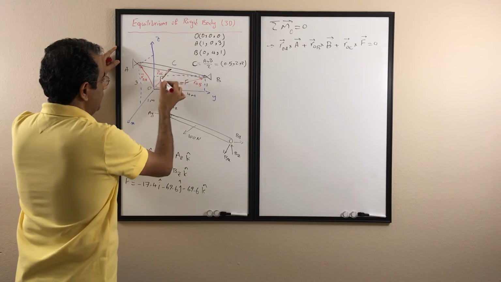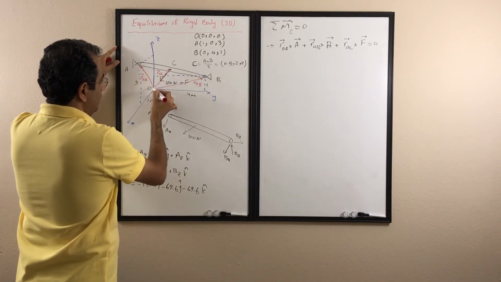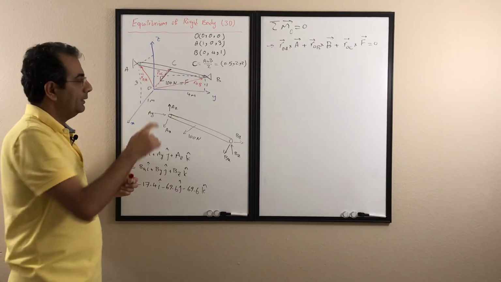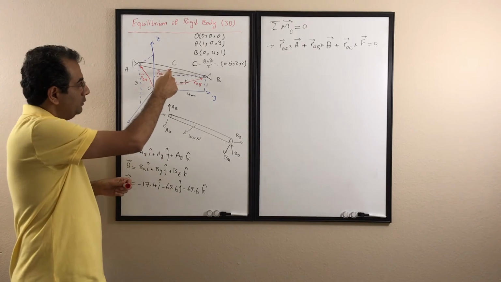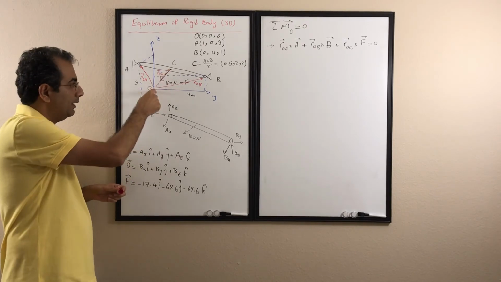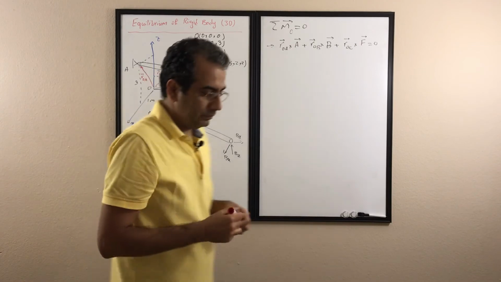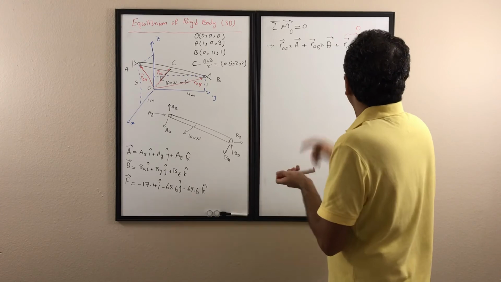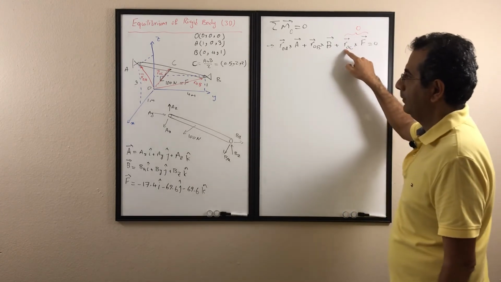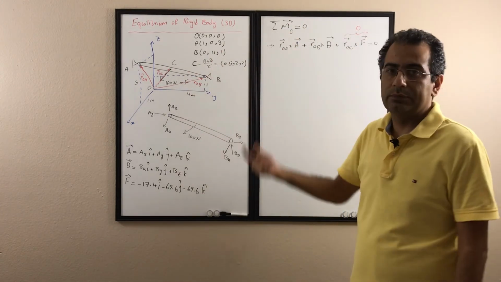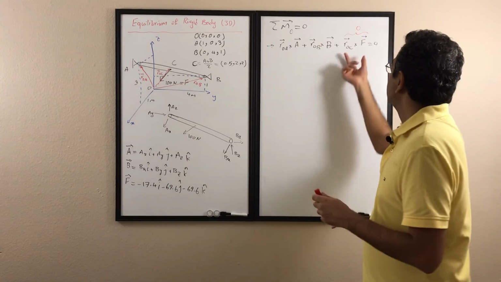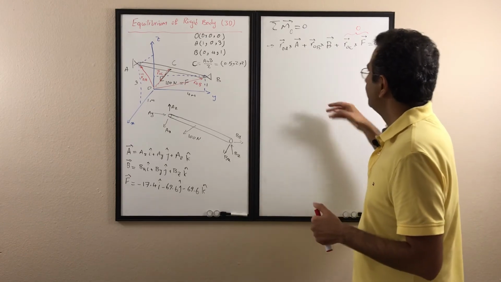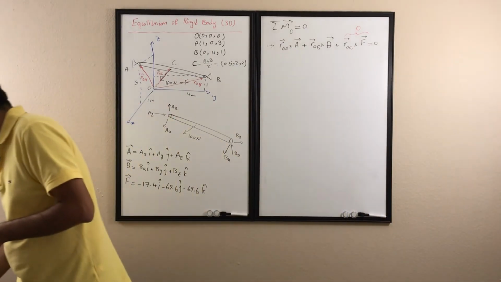The thing is that the force F goes through the point that I'm calculating the moment about, so its moment is 0. So we already know that this term is 0 because the force goes through the point O and doesn't produce any moment. So we have to find ROA and ROB for this calculation.